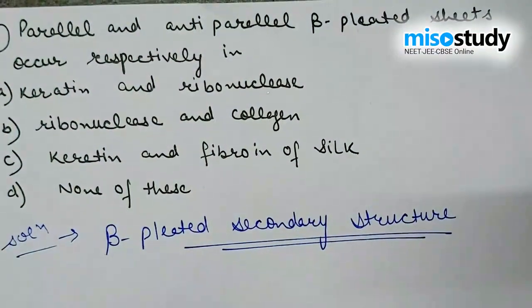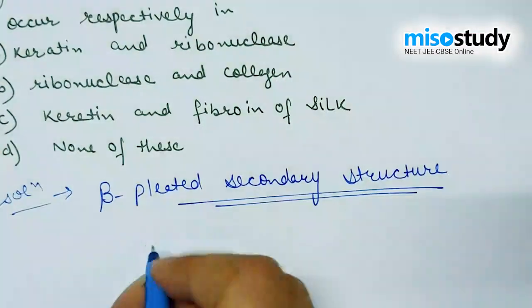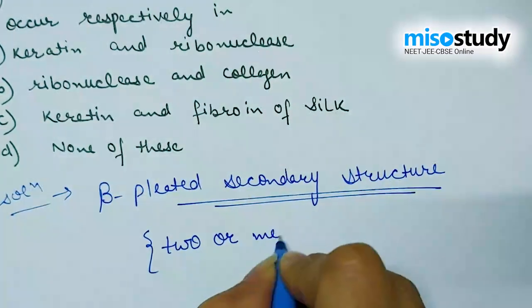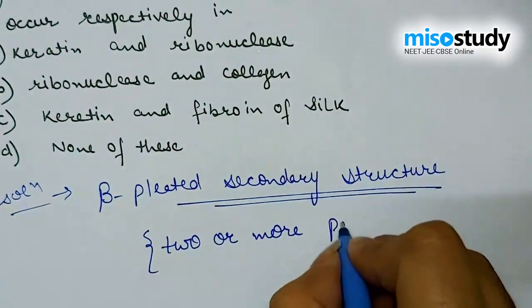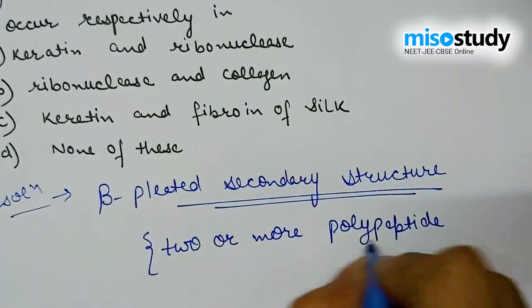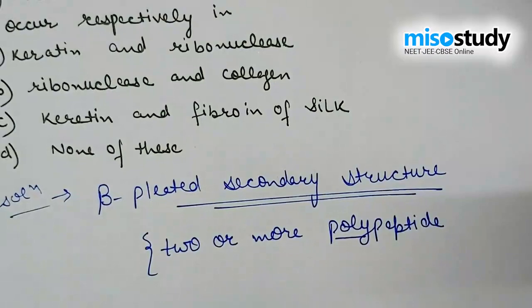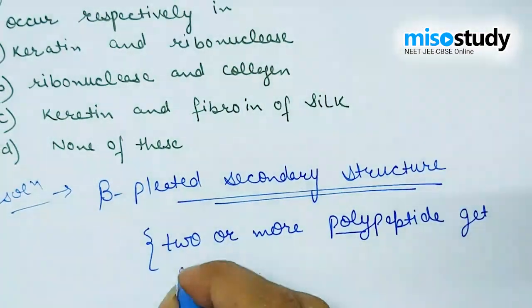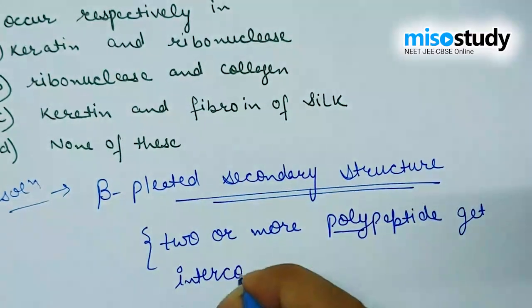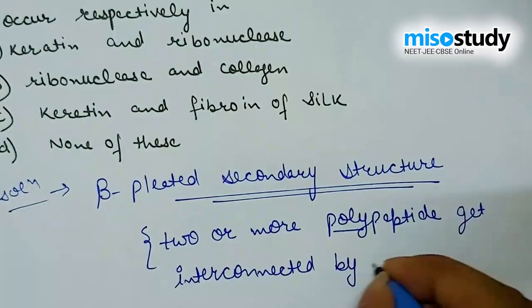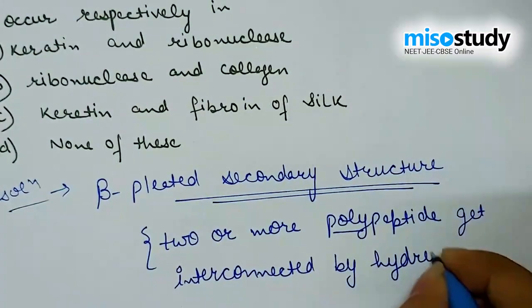Beta-pleated secondary structure includes two or more polypeptides, where peptide is the word we use for protein and poly means many units, interconnected by hydrogen bonds.